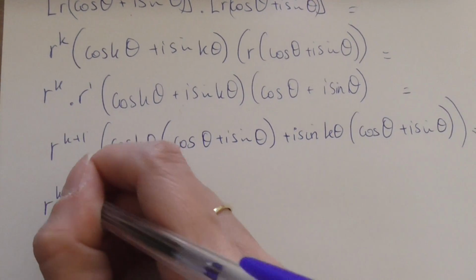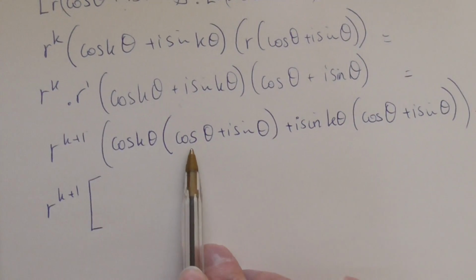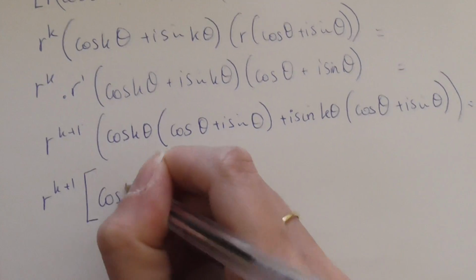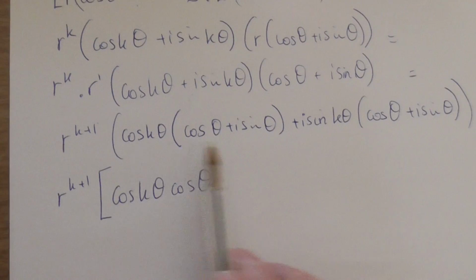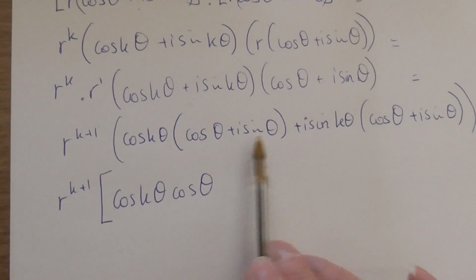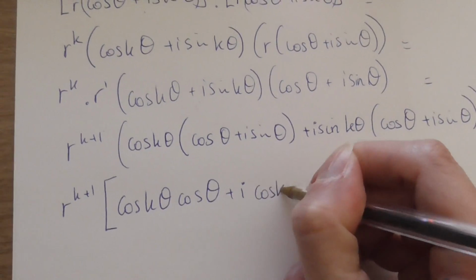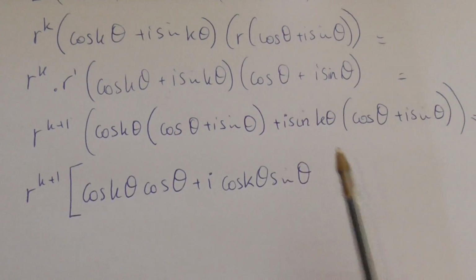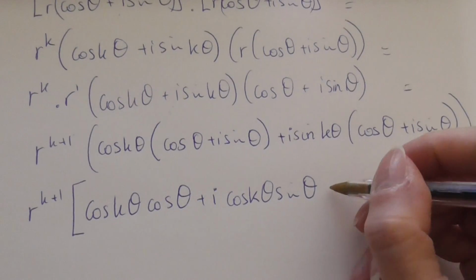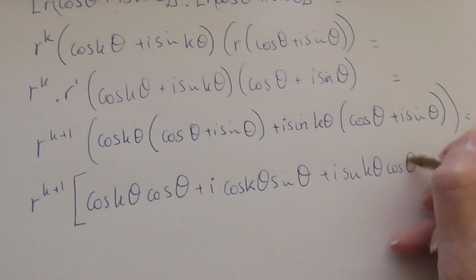So I've got r to the power of k plus 1. Okay, cos k theta multiplied by cos theta is just cos k theta cos theta. Cos k theta multiplied by i sine theta is just going to be plus i cos k theta sine theta. i sine k theta by cos theta is plus i sine k theta cos theta.